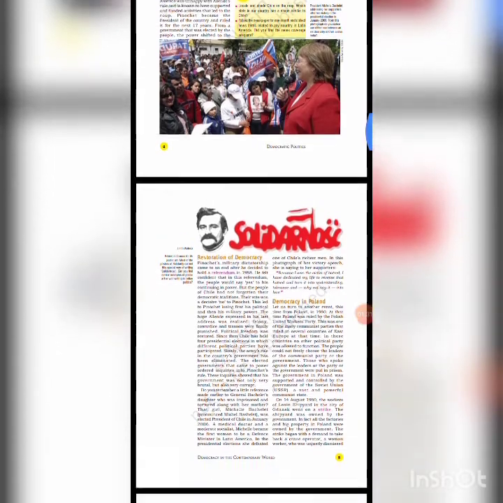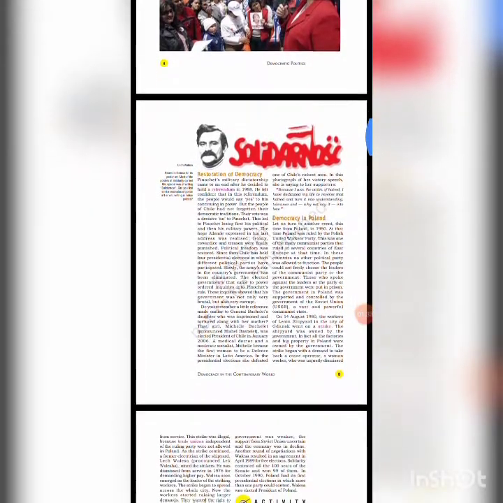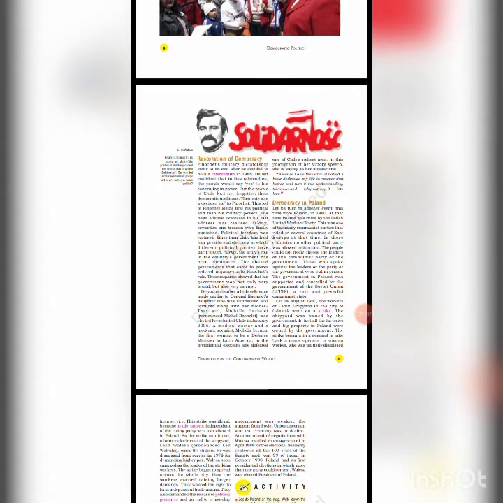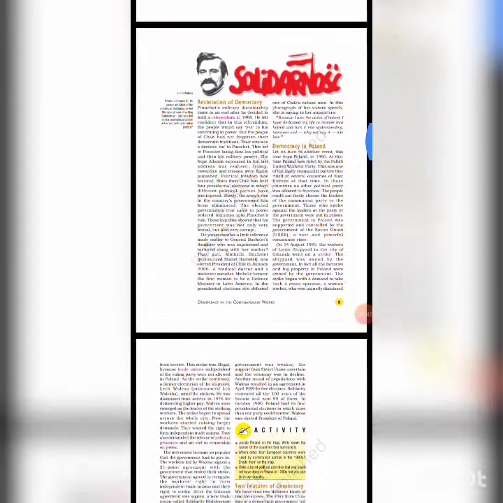He was backed by Soviet Russia. Polish people continued their struggle, and finally Lech Walesa was elected democratically as the president of Poland.